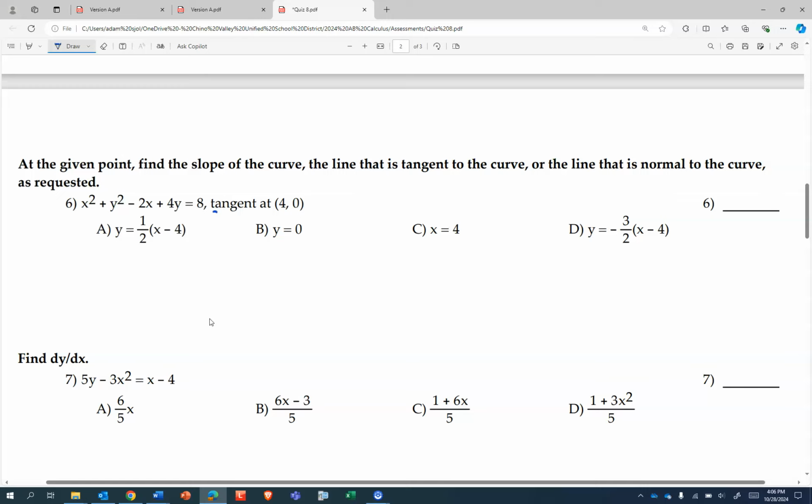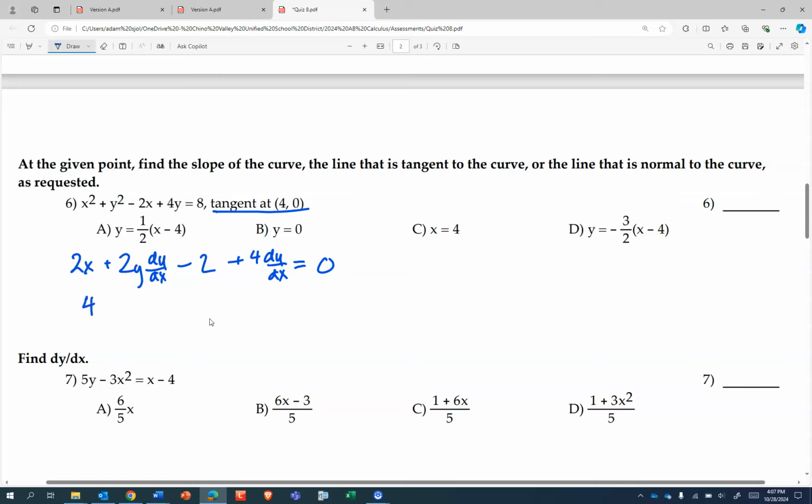Okay, so we want the line tangent at (4, 0). So that's 2x plus 2y dy/dx minus 2 plus 4 dy/dx equals 0. And we can pretty much divide out all those 2's.